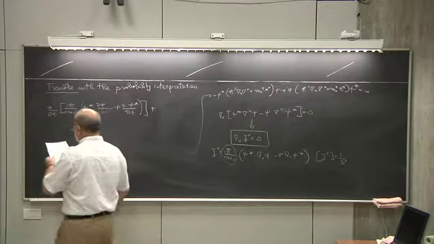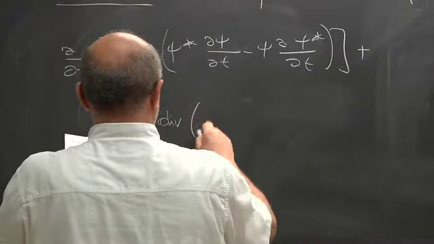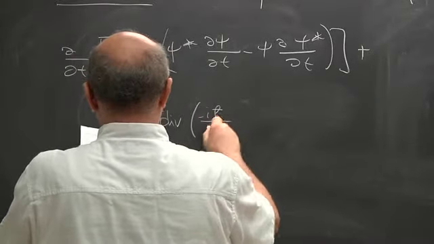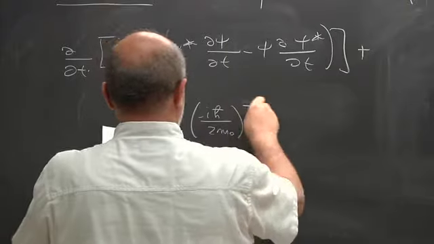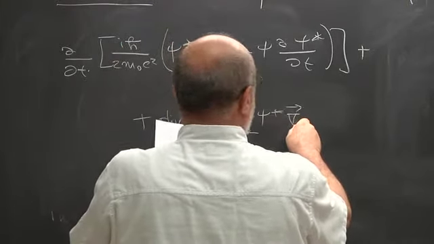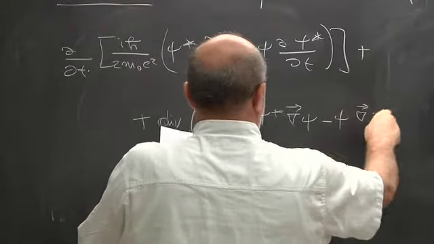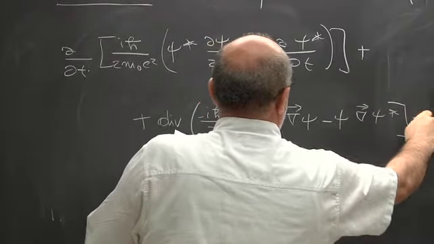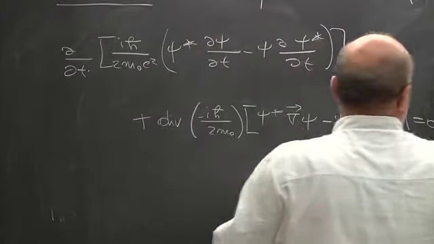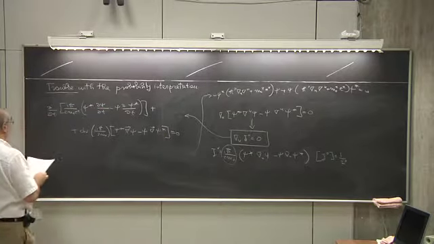So I have the space part, that is a divergence of minus i h bar over 2m0 psi star. This is the normal space divergence, equals 0. So this equation in components is this, keeping account of all things.